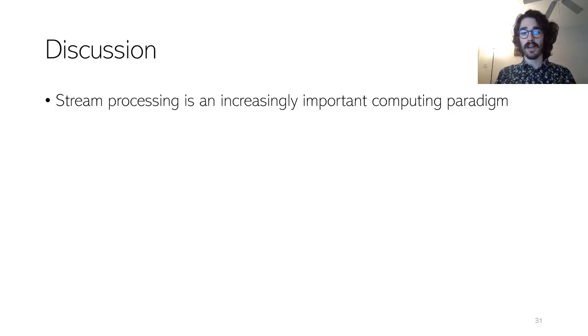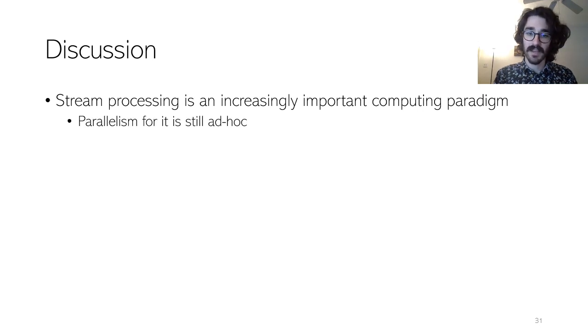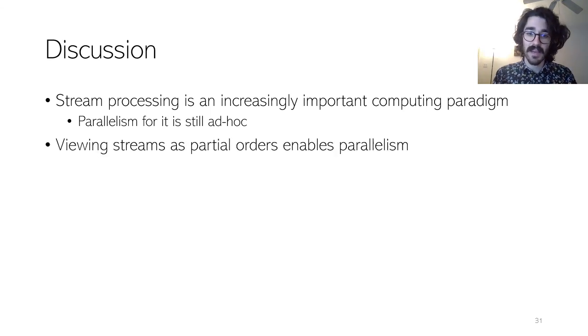So first of all, we saw that stream processing is an increasingly important computing paradigm, and unfortunately the reason for it is still ad hoc. It is successful, and a lot of existing systems are successful, but it's not expressive enough. And viewing streams as partial orders can enable the parallelism that we were missing.